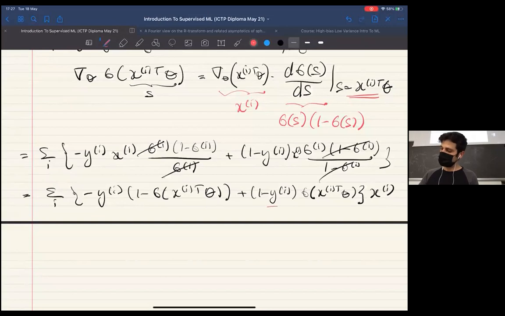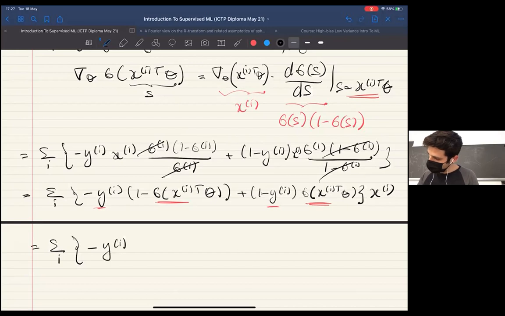And indeed, you have this y times this sigma, and here with a minus sign, and here you have this sigma times this y with a plus sign. Okay. So all that gives you a sum. Therefore, we have a minus yi plus sigma.